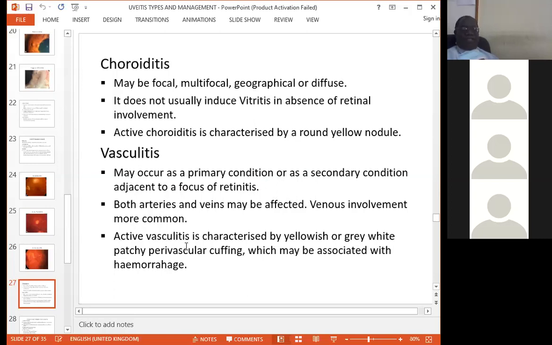Active vasculitis, vessels being inflamed, is characterized by yellowish or gray-white patches perivascular, along the blood vessels. This is called perivascular cuffing, which may be associated with hemorrhage. Once you've got that white stuff where the vessels are running, that is active vasculitis.